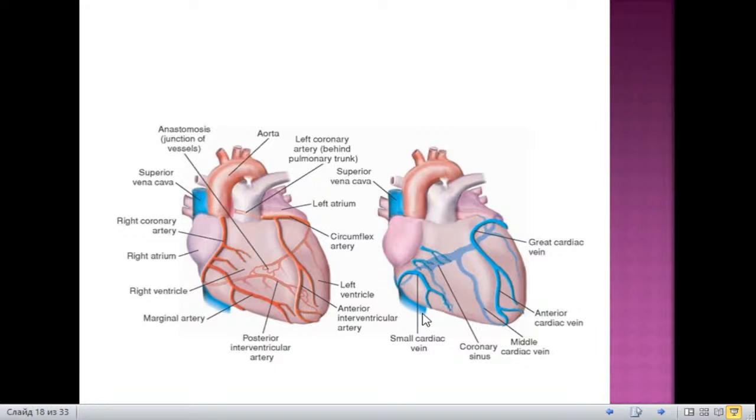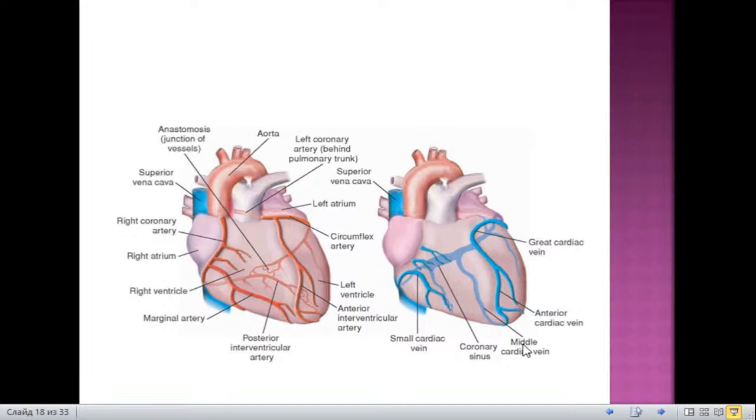After that, the small cardiac vein follows the right marginal branch of the right coronary artery and drains into the coronary sinus. The middle cardiac vein follows the posterior interventricular artery and drains into the coronary sinus.